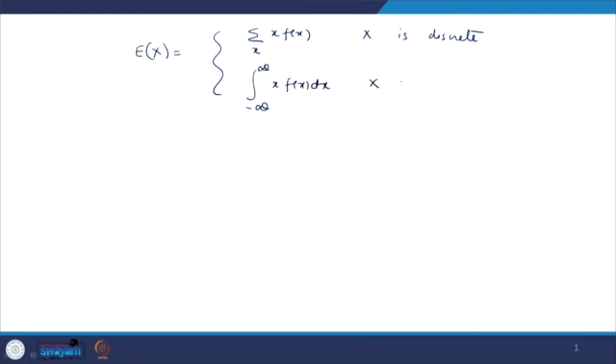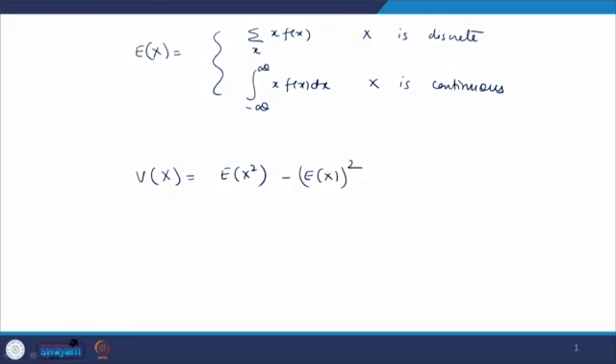We have seen that the expectation of x is nothing but the summation of x f(x) when x is discrete, and it is the integral from minus infinity to plus infinity of x f(x) dx when x is continuous. And the variance of x is simply the expectation of x square minus the expectation of x whole square.